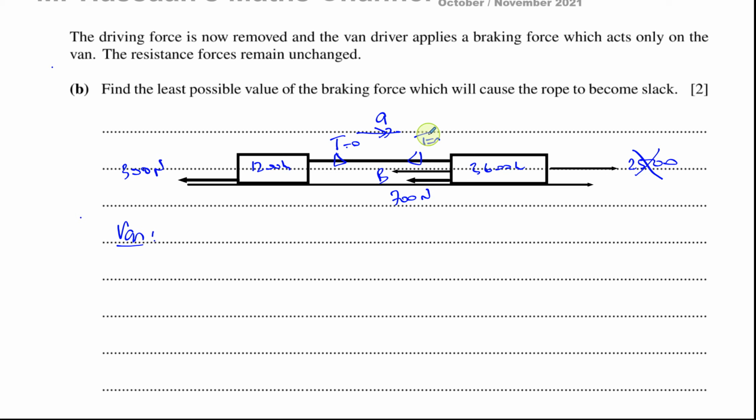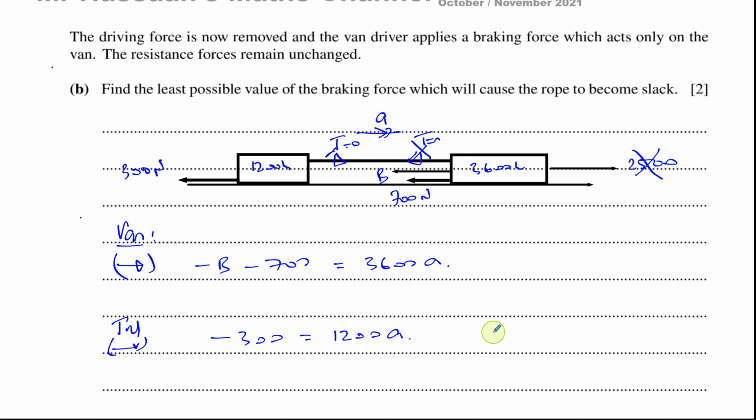Now, when the tension has become zero, for the van moving in this direction, if we resolve the forces, we've got minus B minus 700 is equal to its mass, which is 3,600, times the acceleration. For the trailer, going this direction as well, the only force acting is minus 300, and that's equal to its mass, which is 1,200, times its acceleration.